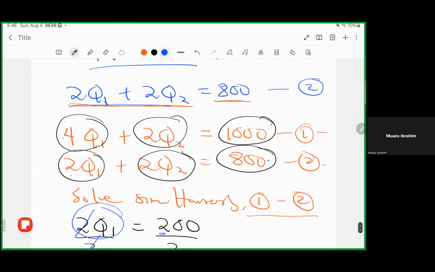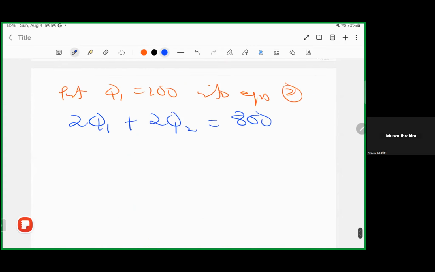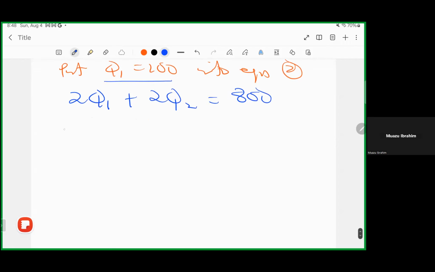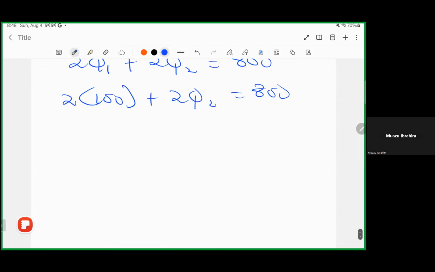Yes, it's here. Are we together? But Q1 is 100. So we are going to have 2 times this one, plus 2Q2 is equal to 800. So here will give us 200 plus 2Q2 is equal to 800.